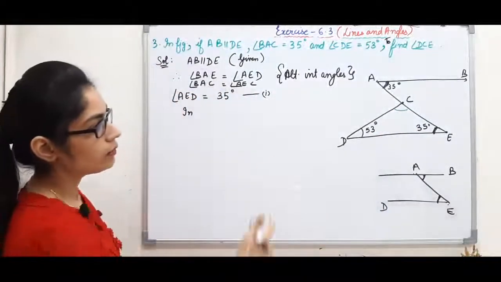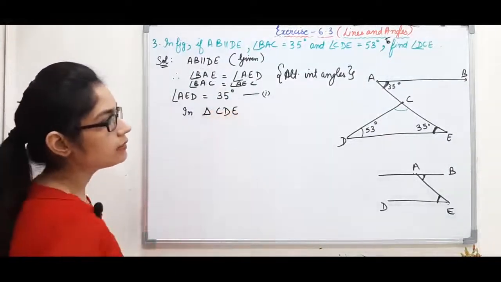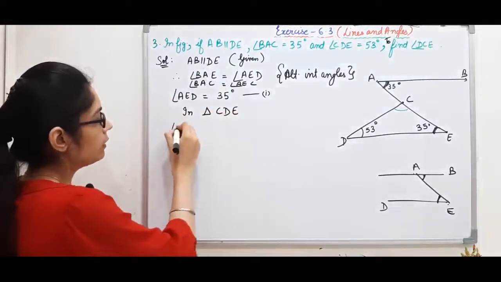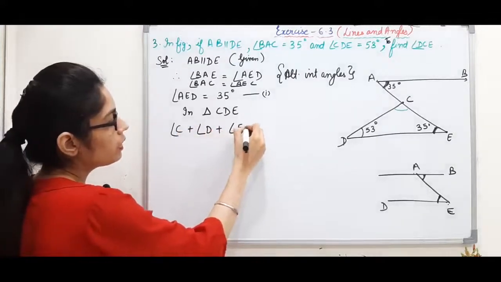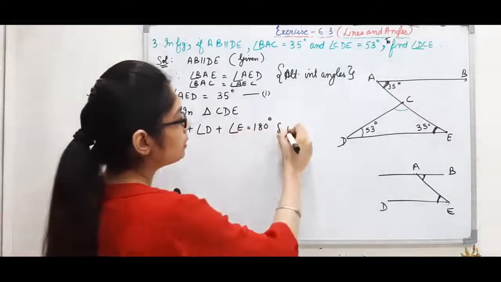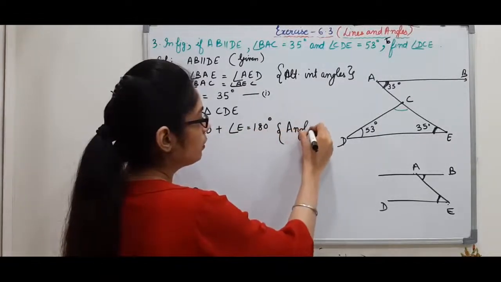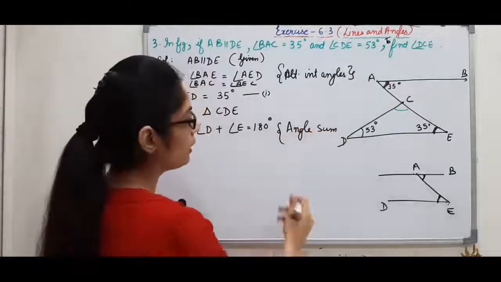So this angle is in triangle CDE. In triangle CDE, if I write angle C plus angle D plus angle E, it is equal to 180 degree. Reason is angle sum property of a triangle. The sum of all the angles of a triangle is equal to 180 degree.